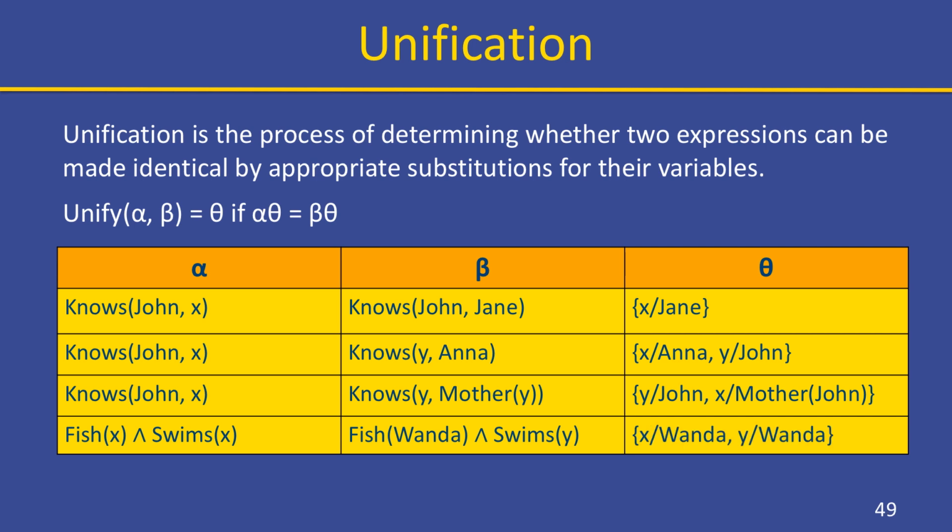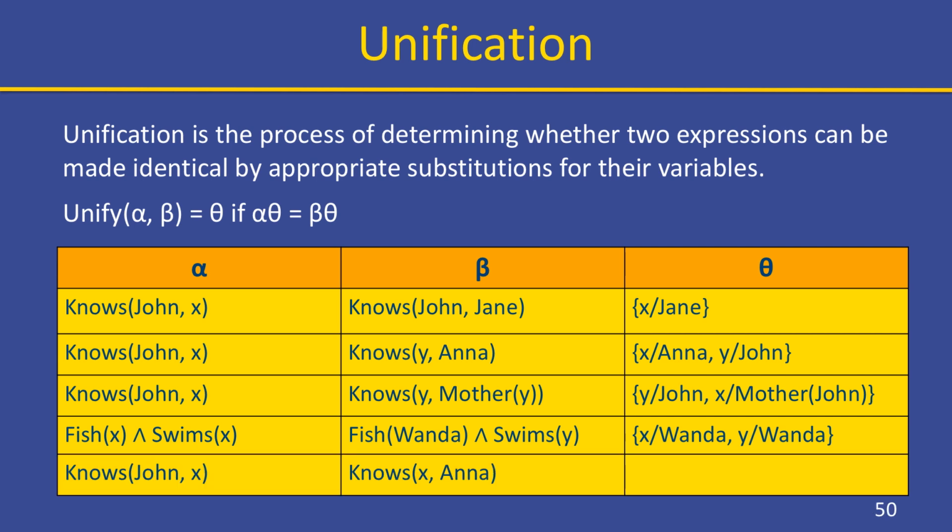So our unifier here is X by Wanda, Y by Wanda. How about these two sentences? Knows John X and knows X Anna. Well, if we substitute X with John, we cannot also substitute X with Anna. There's something wrong here. We cannot find a unifier.